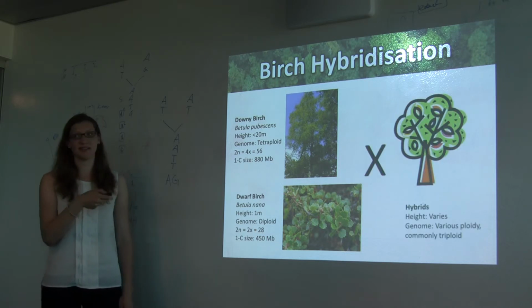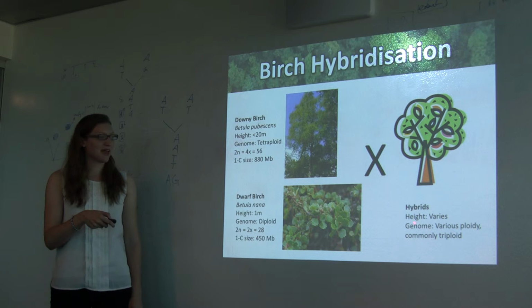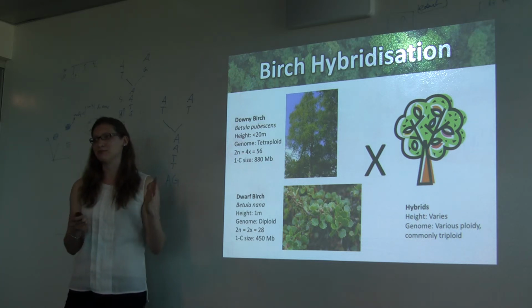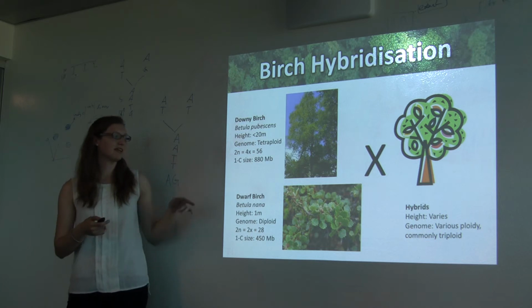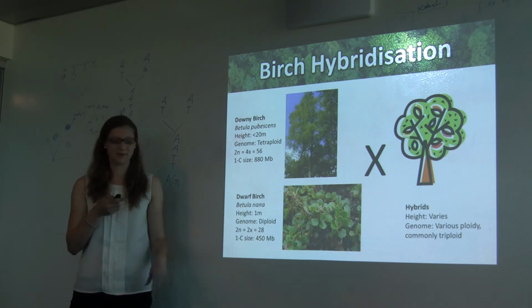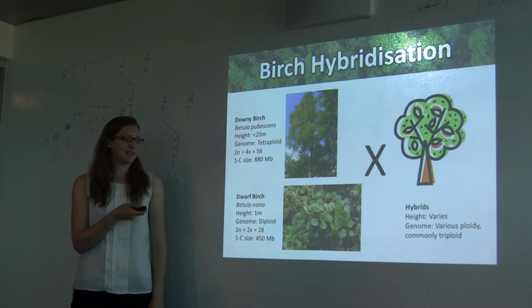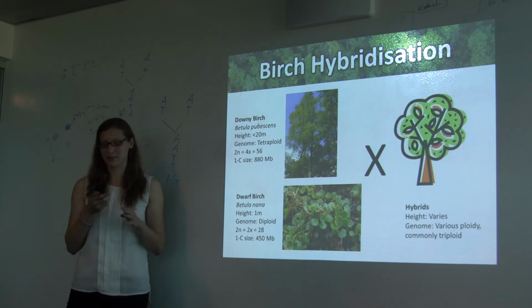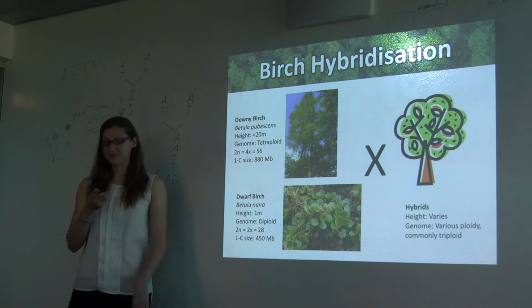And genome size is just about half of this one, so 450 megabases. And these have hybridized together to make these hybrids. And the height really quite varies a lot, so some of them resemble more the tree, and some of them resemble more the shrub. And the ploidy also varies, but most of them are triploid, so they have 3 sets of chromosomes. So it's kind of an intermediate.